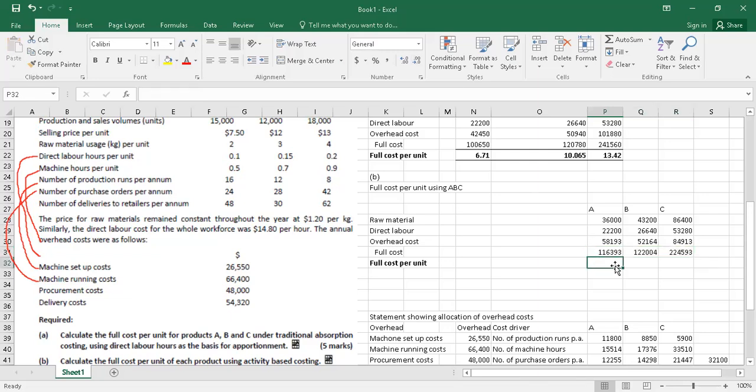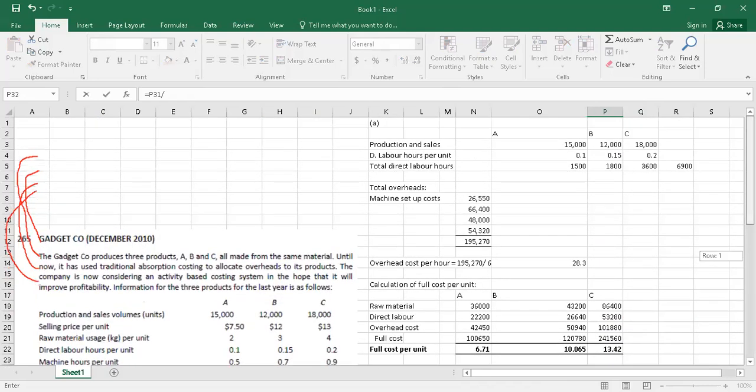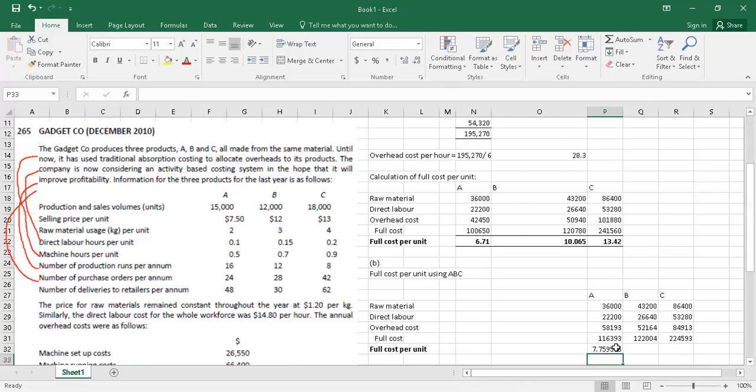Number of units. Okay. So this is full cost per unit based on activity based costing.